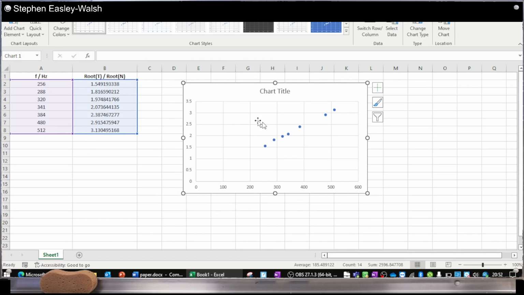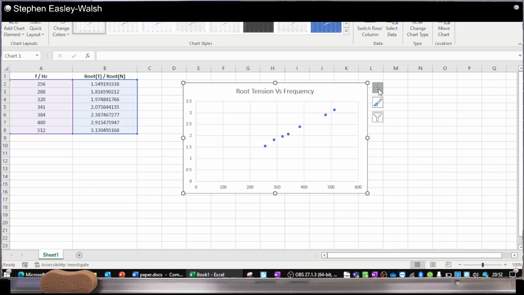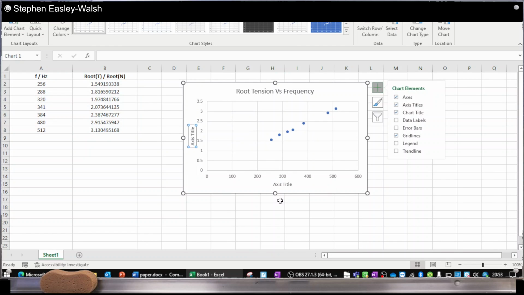So what things are missing? What do we need? Well, firstly, we need a title. So let's give it some title like root tension versus frequency. And then we'll have to add in axis titles.